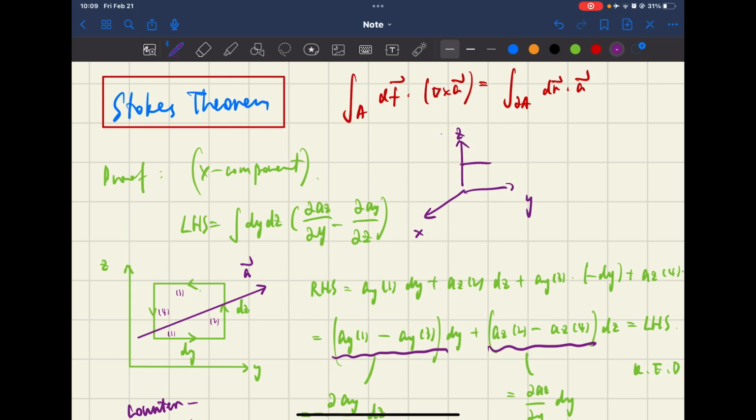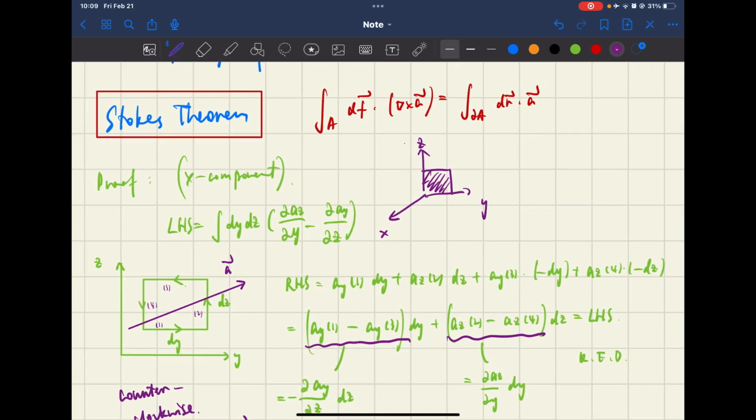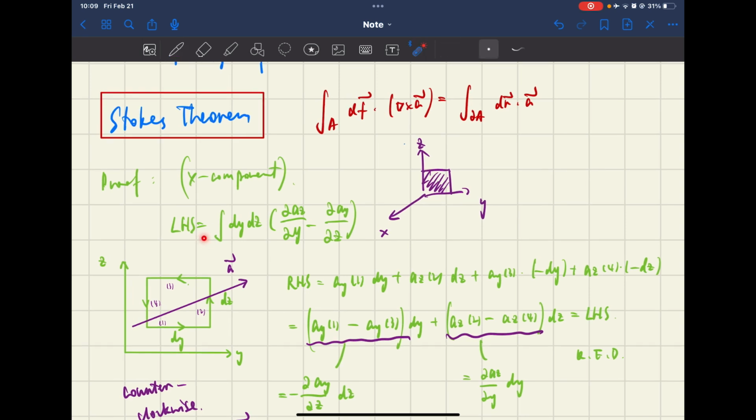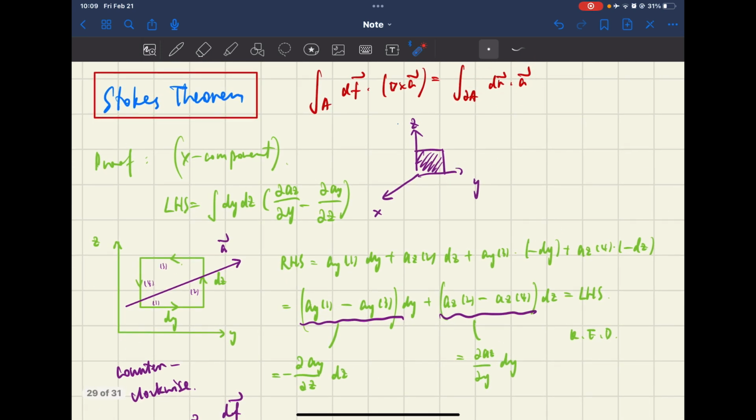So the surface element will obviously be like this, dy times dz. Okay, so what we're trying to prove is that this expression will be equivalent to the x component of this expression.